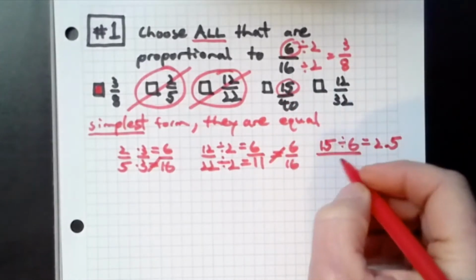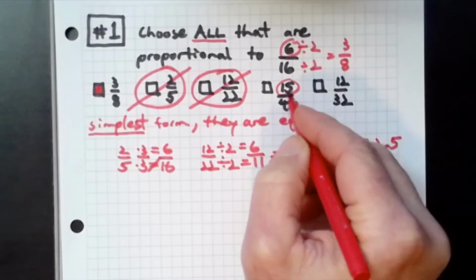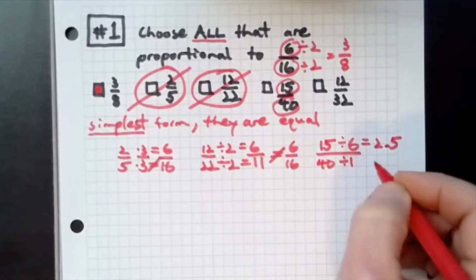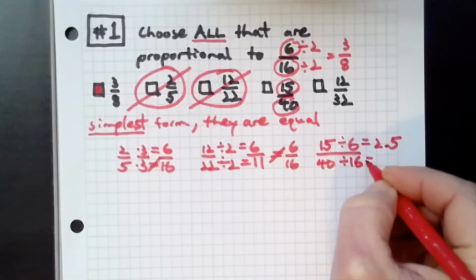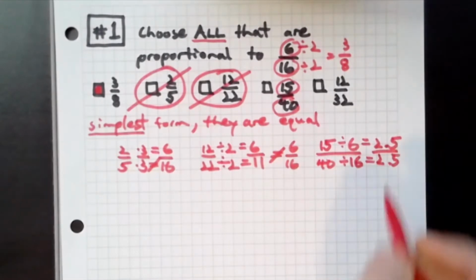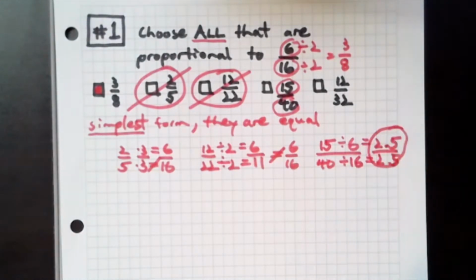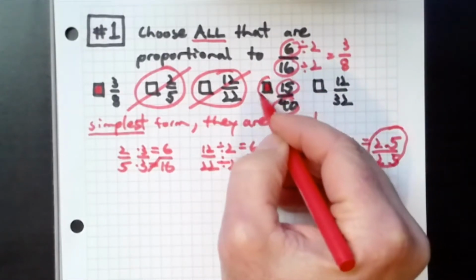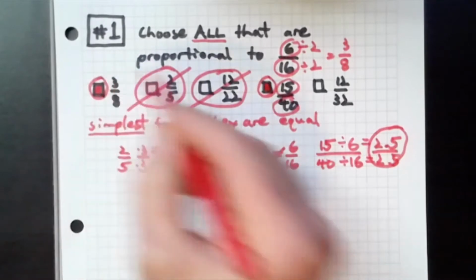So if I take 40 and divide it by 16, if I get the same common multiplier, and I do, that means they're equivalent. Same common multiplier means yes, equivalent. So yes on those two, no on those two.